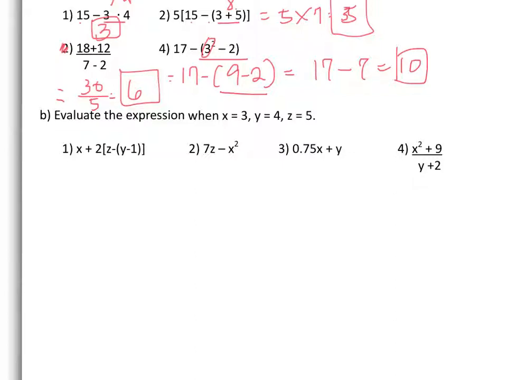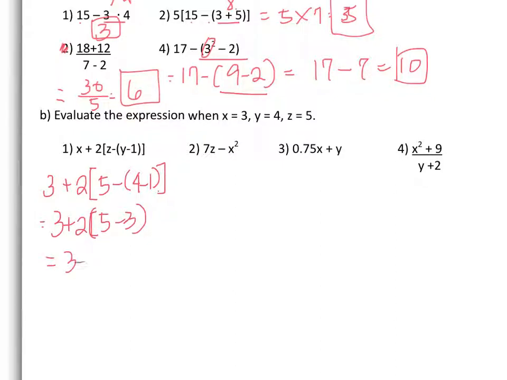So when x equals 3, you can sub that in, and z is 5, y is 4, so 4 minus 1 is 3, and then so in the inside, and we get 7.